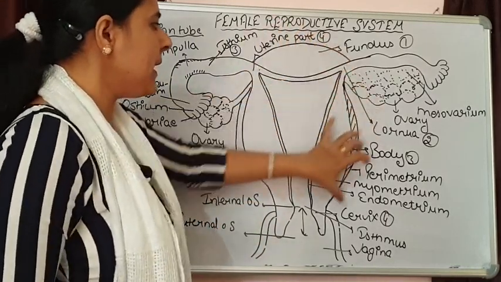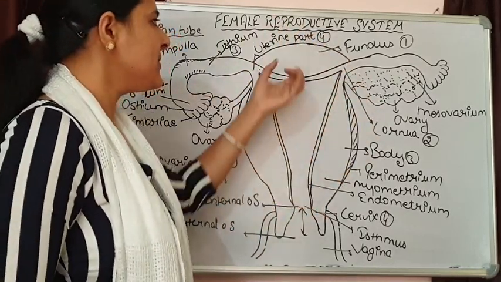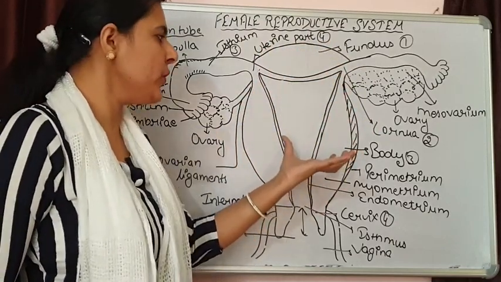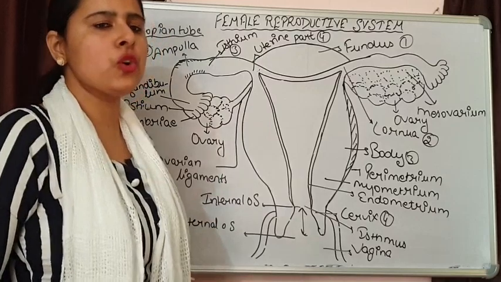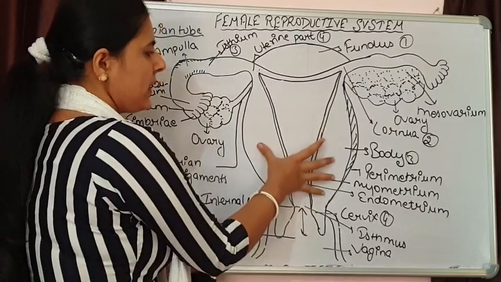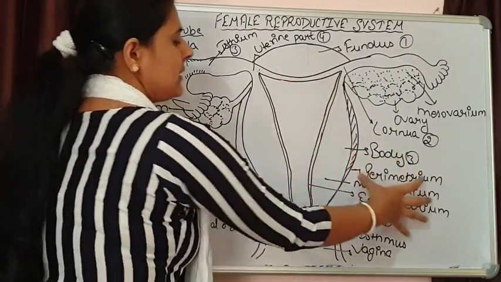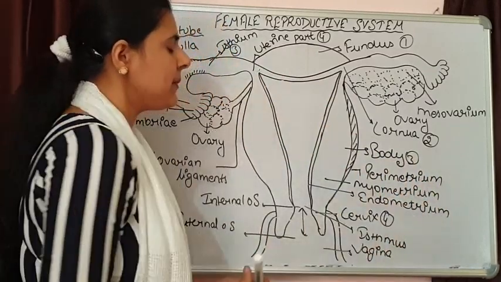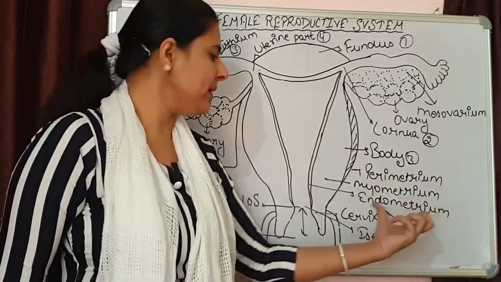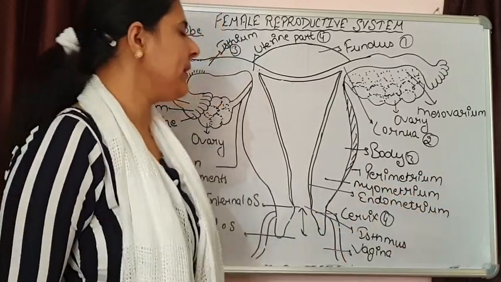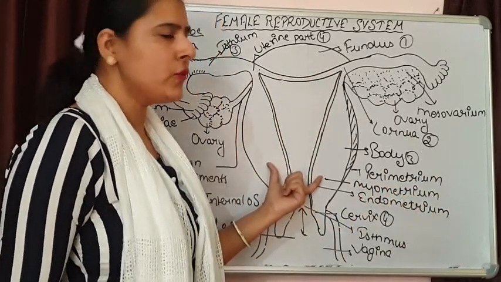Now comes the main part of the female reproductive system, that is going to support the embryo. Here placenta formation takes place, and a fully formed mature baby is going to develop over here. So in this part, the thickening of walls is very much. There are basically three walls. Outer one is perimetrium, middle one is myometrium, and inner one is endometrium. The uterus is divided into four parts.